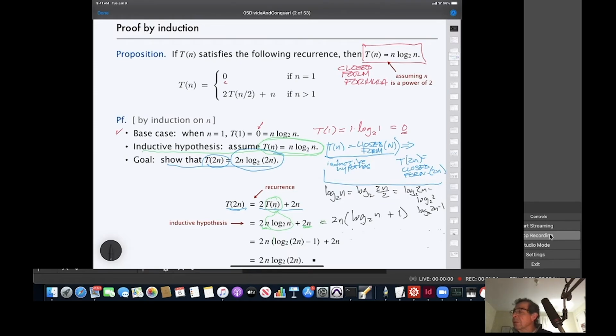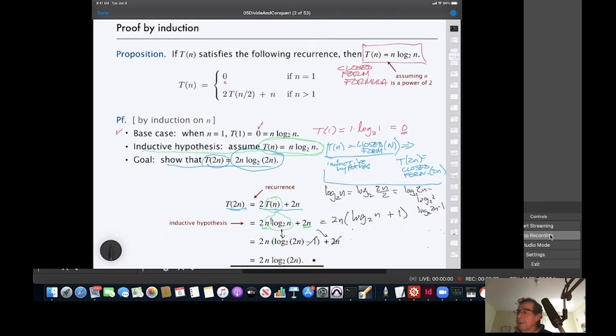So this is what we would be doing here. Just write log 2 of n as log 2 of 2n minus 1, plus this 2n keeps the same. And then we cancel these terms, this 2n with this negative 2n, and we are left with 2n log 2 of 2n.